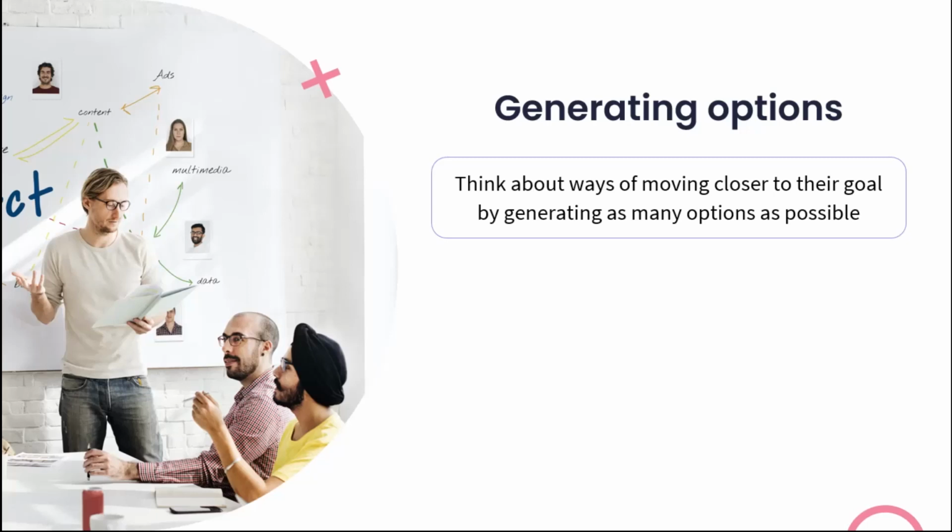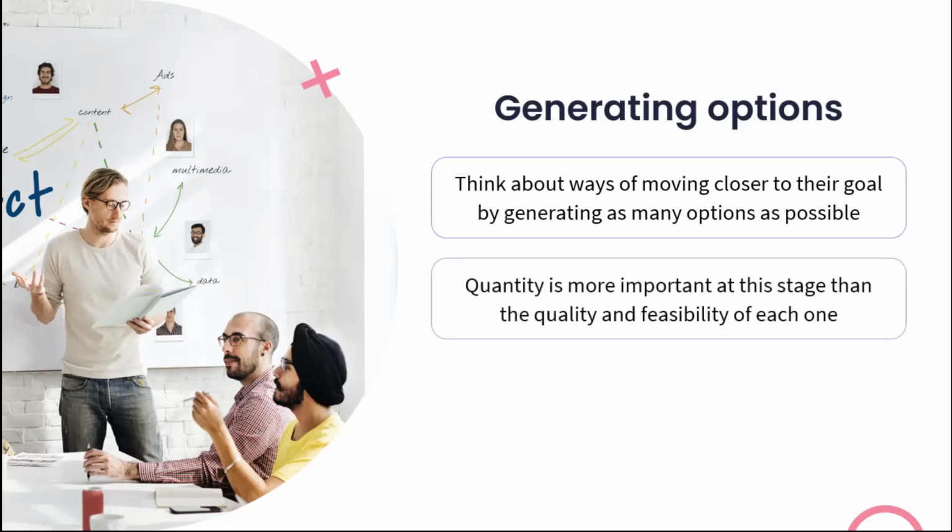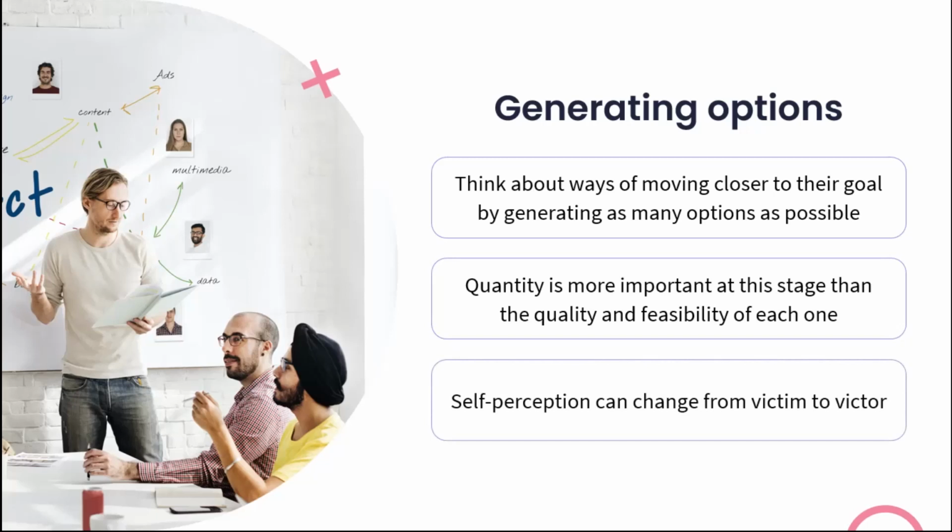It is important, though, for the coach to push the coachee to identify as many options as possible, as it has been suggested that the quantity of options is more important at this stage than the quality and feasibility of each. In some cases, a coachee can change their self-perception from victim, I have no control, to victor, I can choose my own destiny, simply by realizing that they have a number of options.